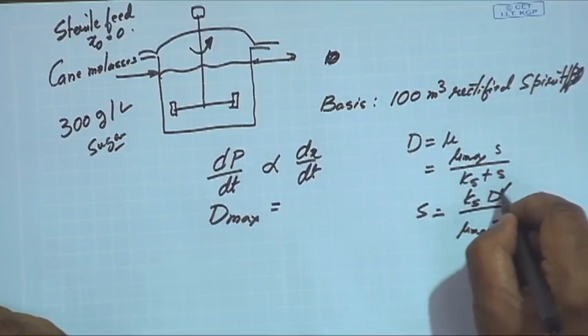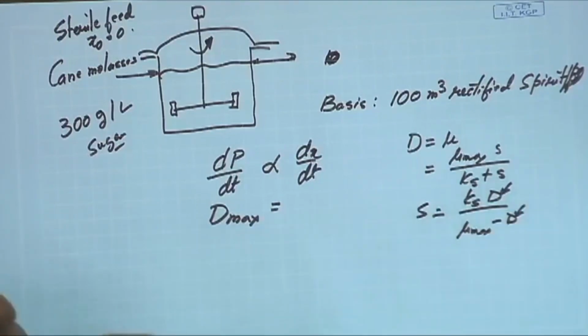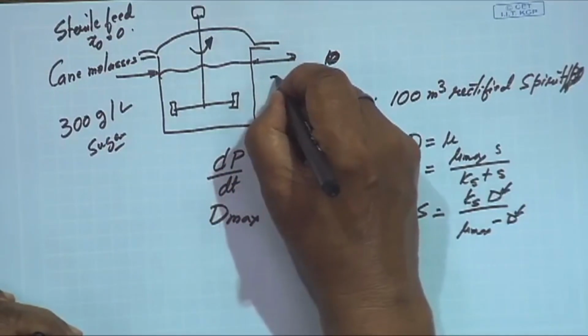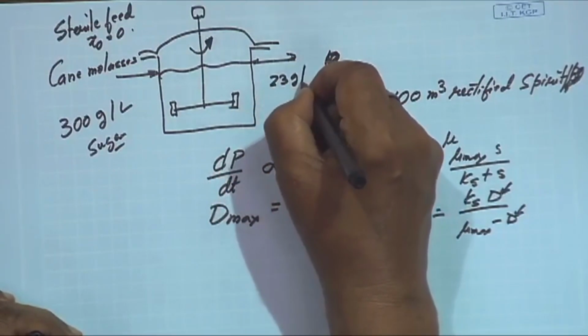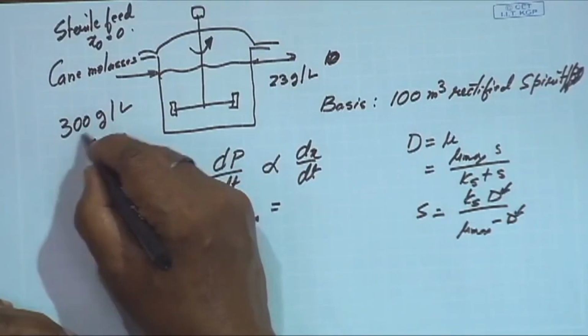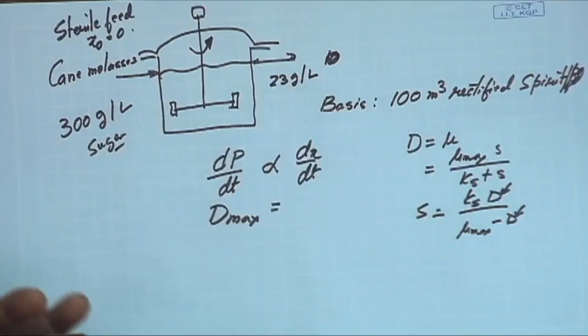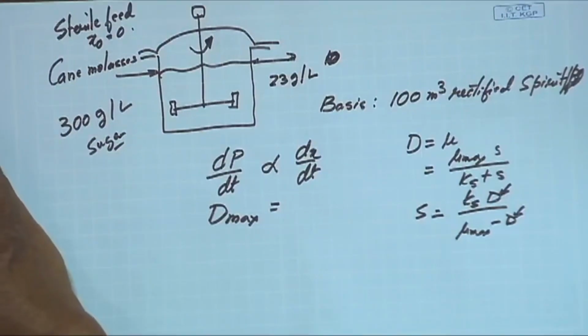Now this D we can replace by Dmax, and we can find out the value of S. So S here is coming about 23 gram per liter. Here it was 300 gram per liter. By substituting we can find out the cell mass concentration.